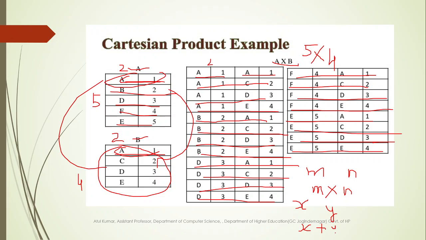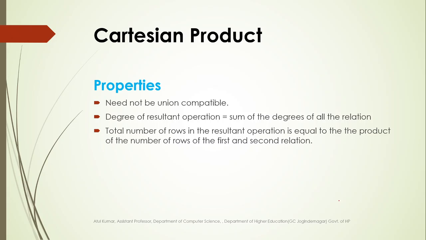We find the degree of the resulting relation by adding the degrees of the two relations, and the cardinality of the relation, the number of rows of the resulting relation, is calculated by multiplying the total number of rows of the first and second relations.